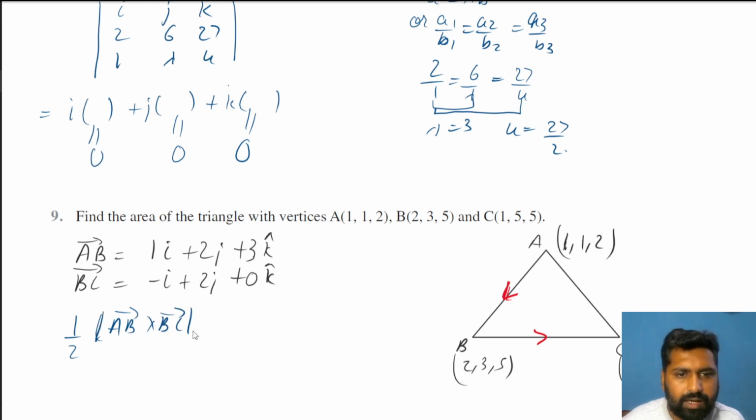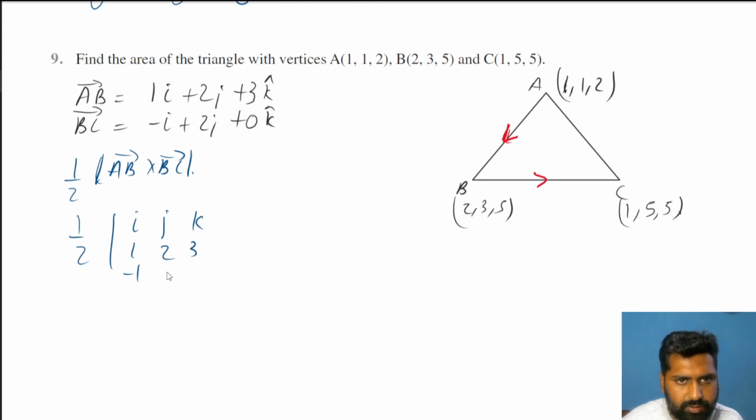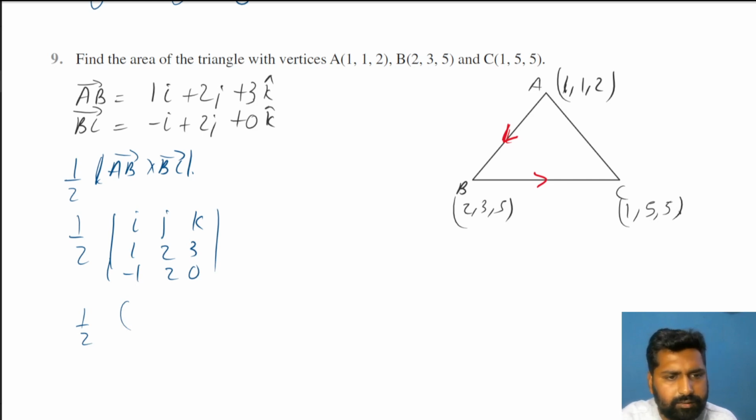Magnitude of that. You know how to do cross product. 1 by 2, i j k, 1 2 3, minus 1 2 0. Solve it and calculate accordingly what is coming.